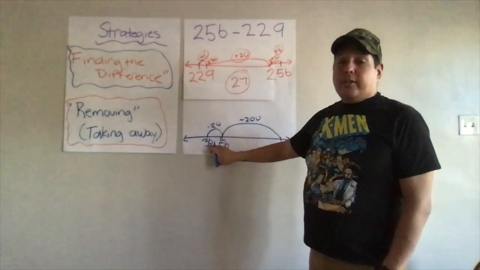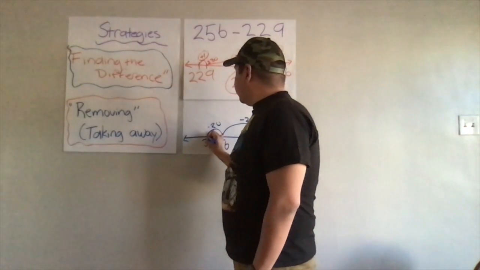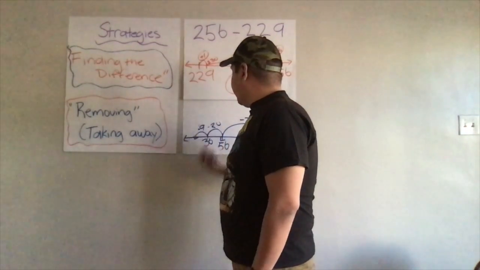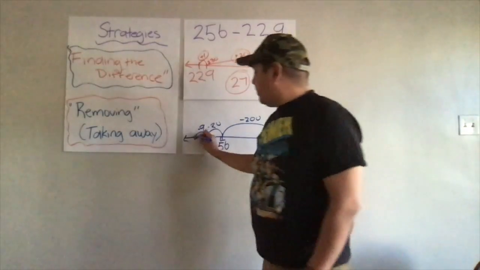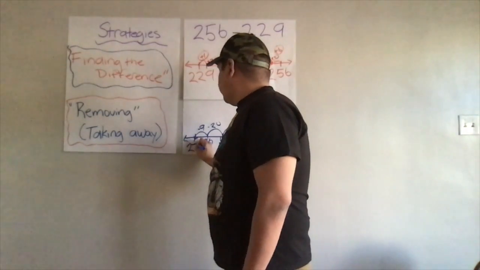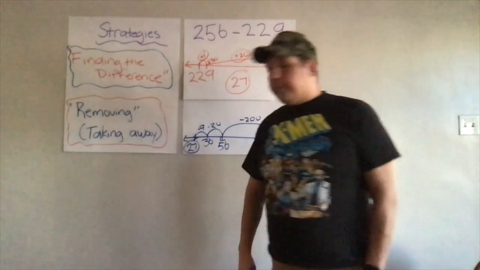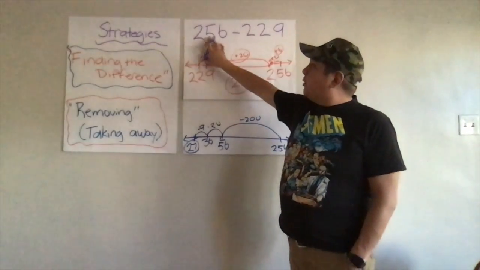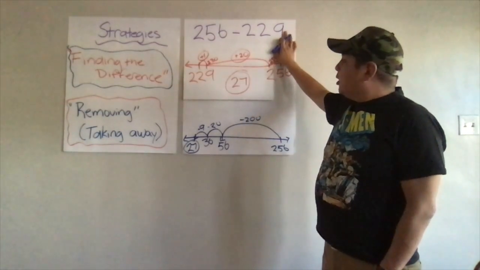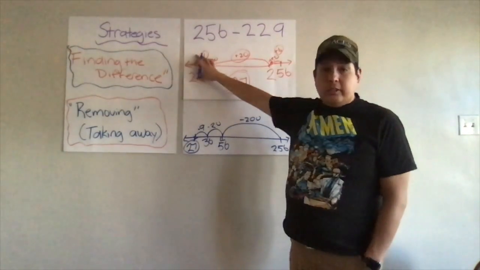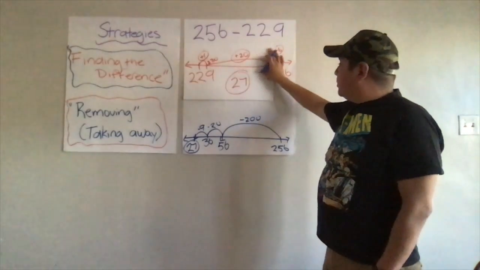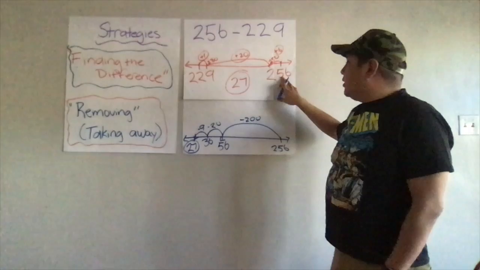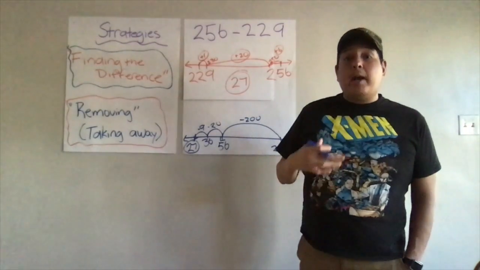So since I've gone to 36, I'm going to remove this here. I'm going to remove the last 9 that I had. And this will take me to 27. Okay? So now we've solved the same problem, 256 minus 229, using both the finding the difference, which is finding the distance between two numbers here, the number of digits between 229 and 256, and by removing.